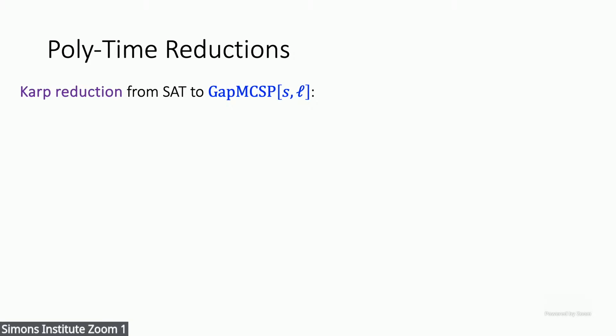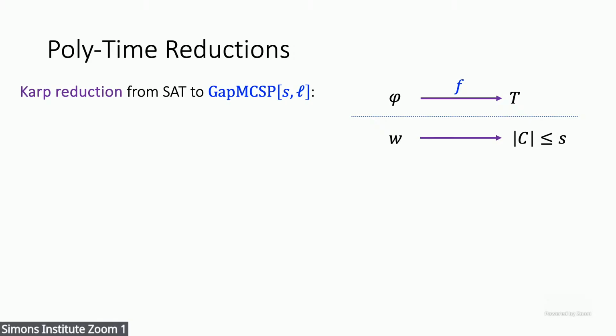Such a reduction is simply an efficiently computable function that takes an input for SAT, a SAT formula, and outputs an input for gap MCSP, which is just a truth table. And the promise is that this formula phi is in SAT if and only if this truth table is in gap MCSP. Meaning that if we have a witness that satisfies this SAT formula, there is a small circuit, smaller than S, that computes this truth table.